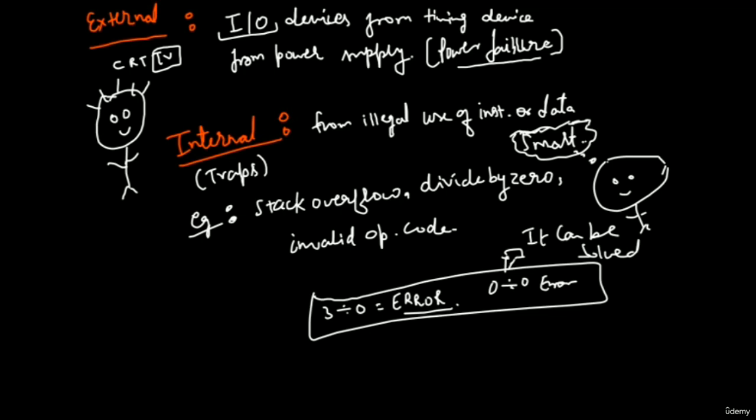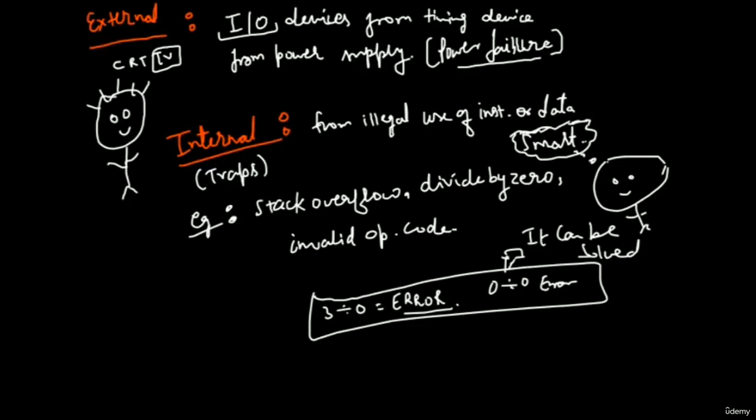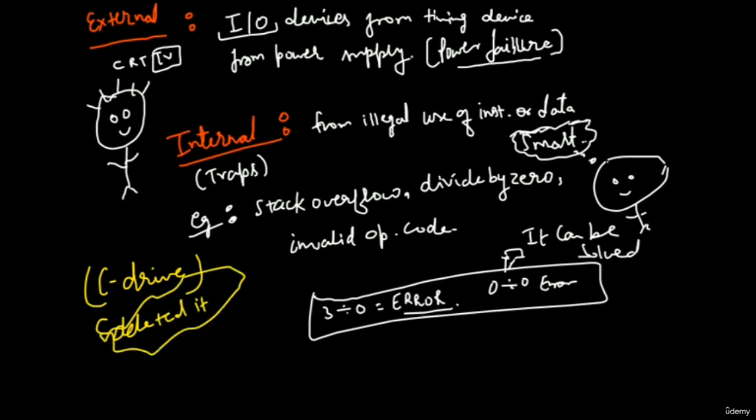Once, as a curious child, I did something a little bit funny. I went to the C drive on my computer and I deleted it. In simple words, I deleted my operating system, and I was expecting everything to run after that.